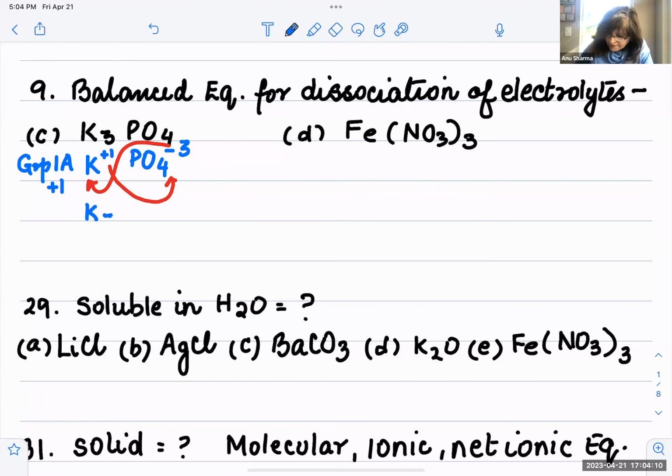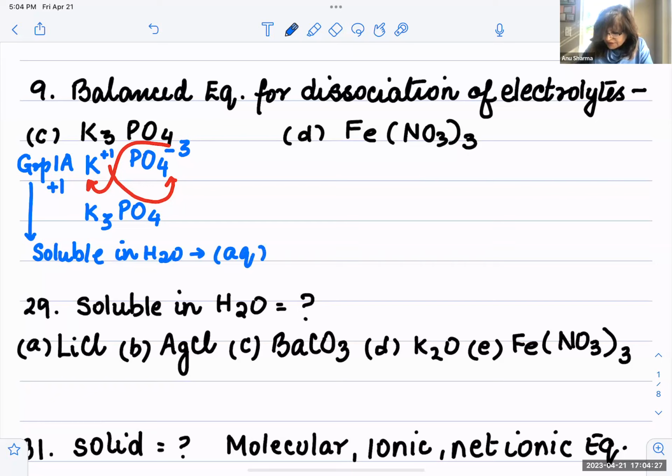K3PO4. By default, Group 1A elements are all soluble in water. When we say soluble in water, that means they will all have the subscript aq written under them when they split in the water.